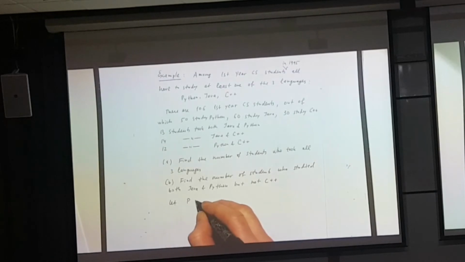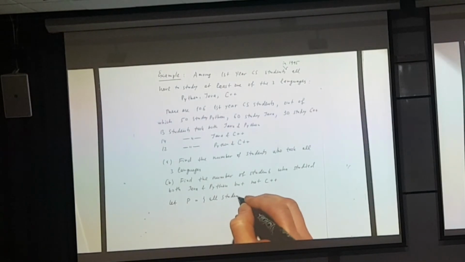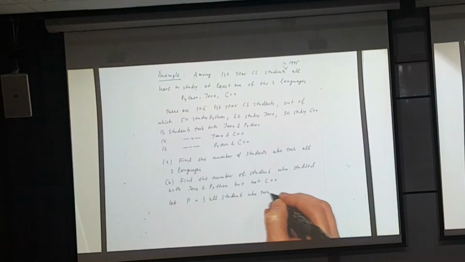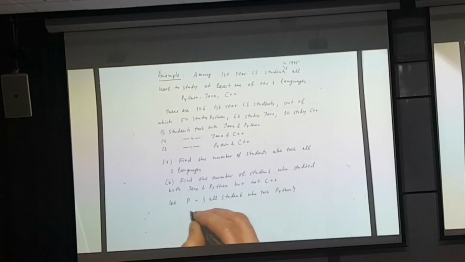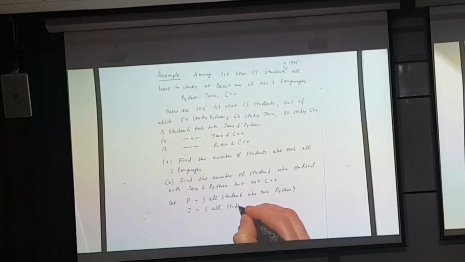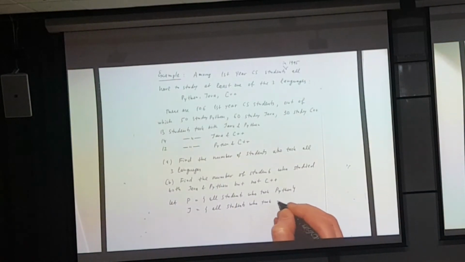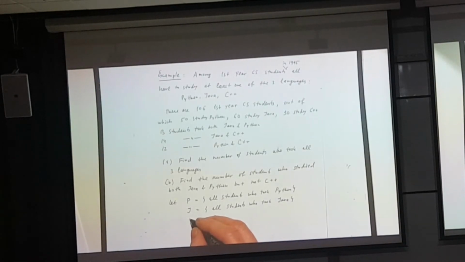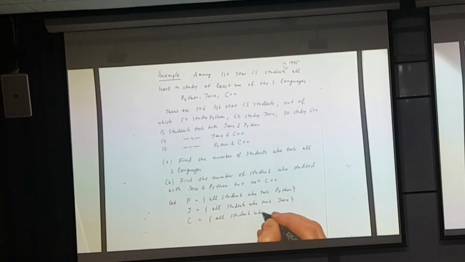So let P stand for all students who took Python, J for all students who took Java, and C for C++. Next step, I'll convert all the data given into some information about these sets.